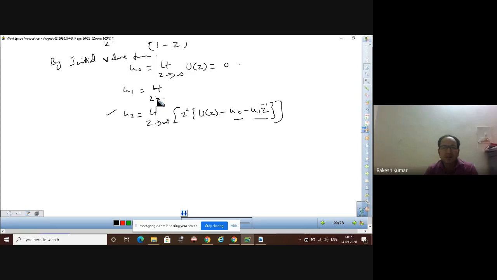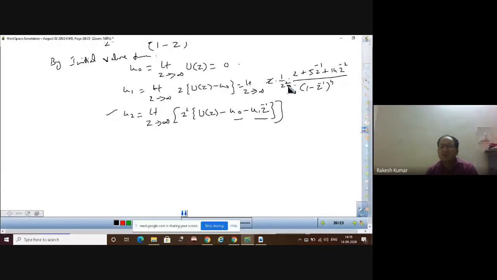So let us compute u1, that is the limit as z approaches infinity of z[U(z) − u0]. Since u0 is 0, we are left with U(z), and we substitute the value of U(z) from the statement: 1 over z² times (2 + 5z⁻¹ + 14z⁻²), divided by (1 − z⁻¹)⁴. Now one z is cancelled, and we are left with 1 over z.